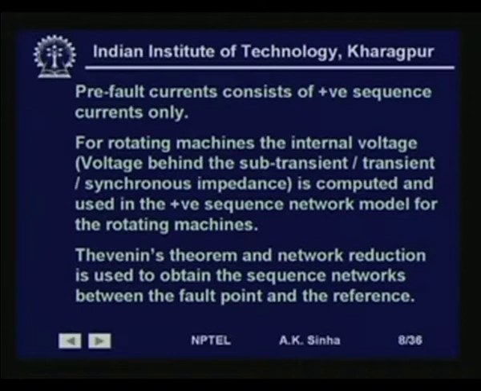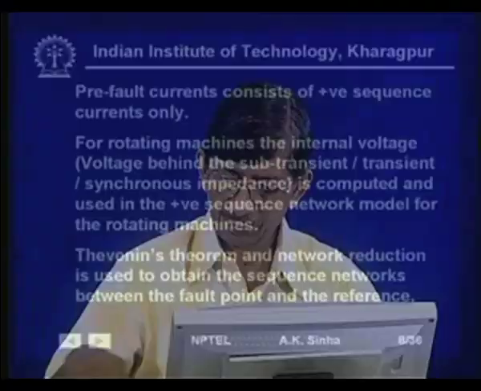Then we use Thevenin's theorem and network reduction to obtain the sequence network impedance between the fault point and the reference. So, we use the network reduction methods to obtain the Thevenin's equivalent reactance or impedance between the fault point and the reference for all the three sequence networks.